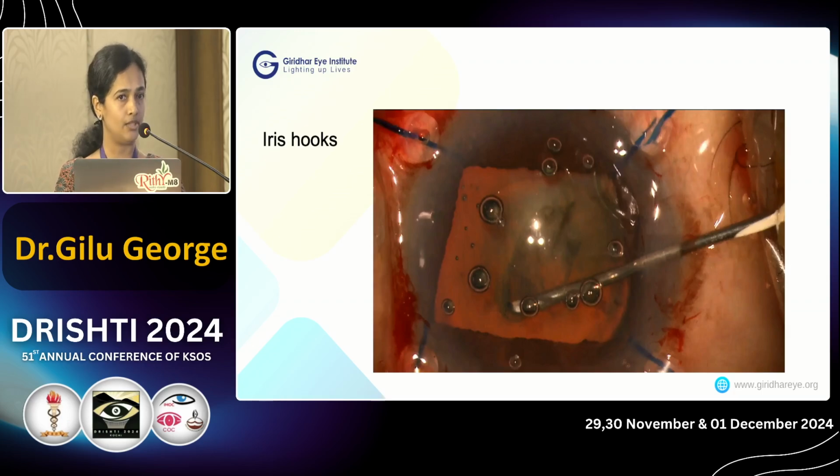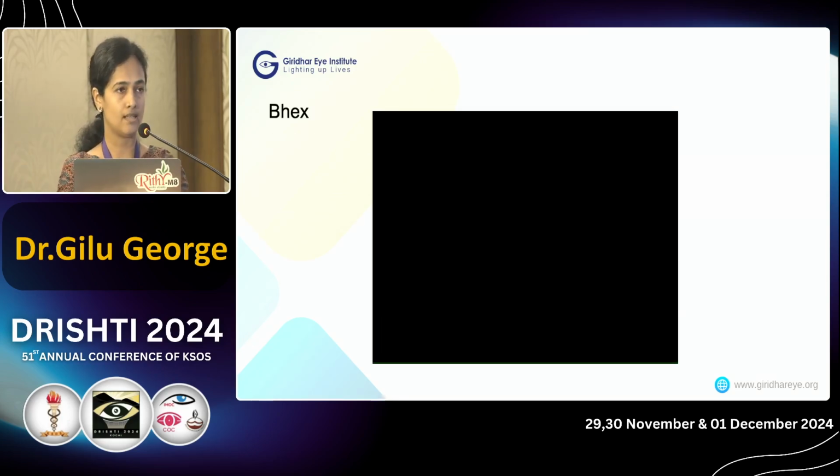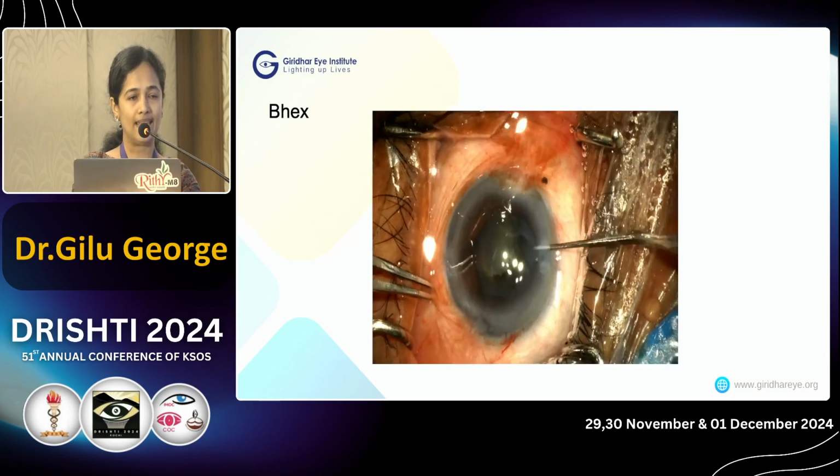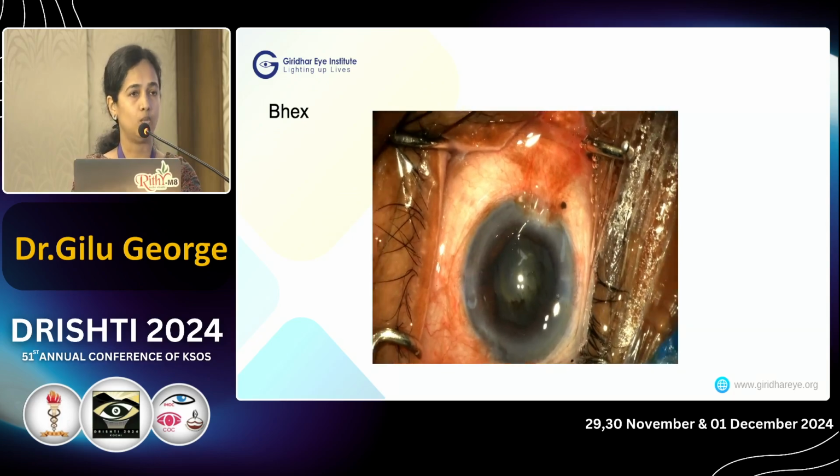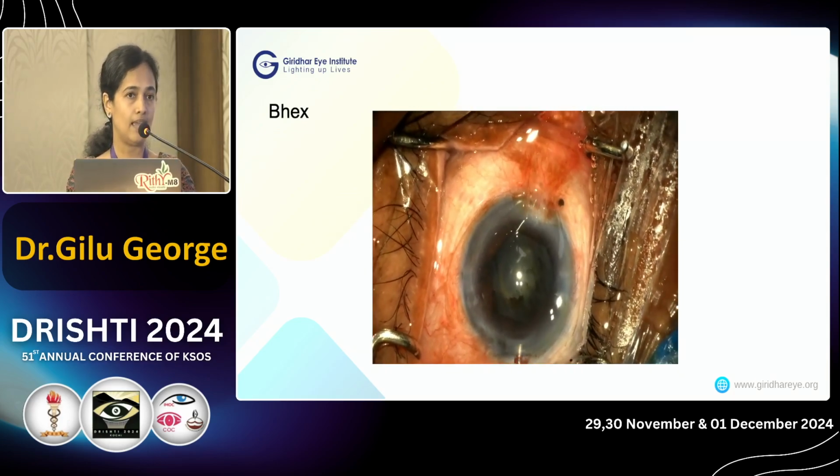Otherwise, you should have it in your mind how to do the axis. Whereas when you do a B-hex ring, you get a slightly more regular pupil, but still it's not a circular pupil. Now, whichever method you use, at the end of the surgery, you are going to get a slightly dilated, irregular pupil which is not reacting to light as in a preoperative pupil.